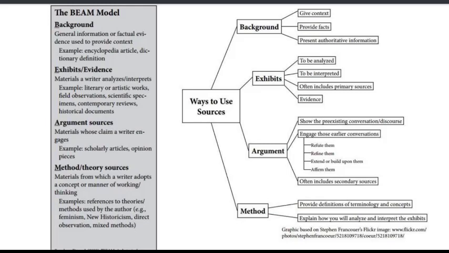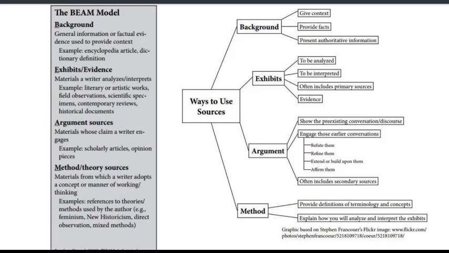And so you would present the definition of feminism from whoever, the scholar that you're working with. Or you can also explain processes, and how you are going to analyze. So basically, this would be done at the beginning of your paper. You're going to explain to your readers something along the lines of how you're going to be analyzing and interpreting exhibits, so the earlier points.